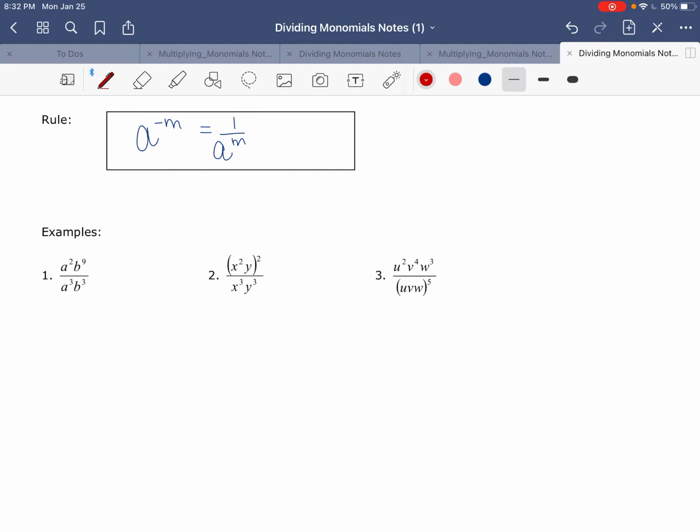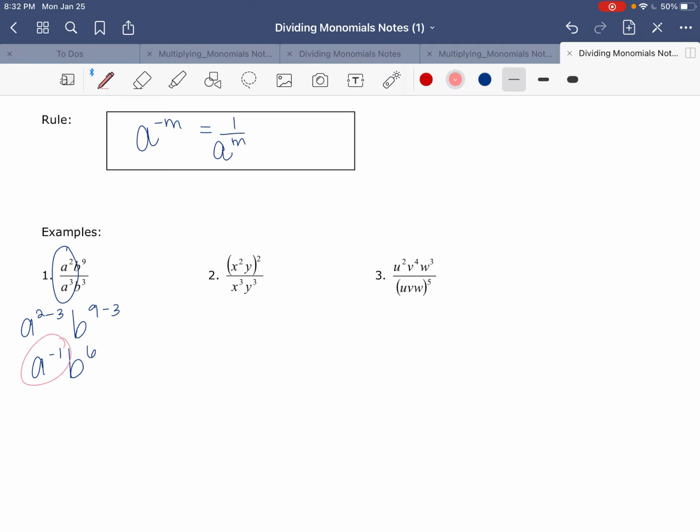And there's a way to just ignore the negatives in a sense, like the shortcut I was telling you guys about. So we'll do the long way first, and then we'll do the shortcut. When I'm dividing my same bases, that's when I subtract the exponents. So a to the power of 2 minus 3, and then b to the power of 9 minus 3. So I get a to the negative 1, and then b to the 6th.